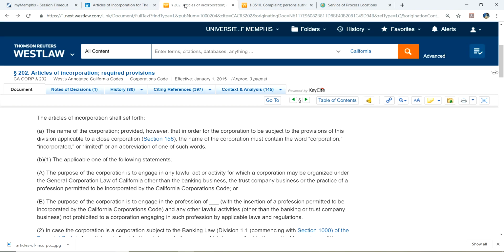Let me go ahead and bring up those articles of incorporation on Westlaw for you. We have the California Corporations Code, Section 202, which covers the Articles of Incorporation and required provisions.